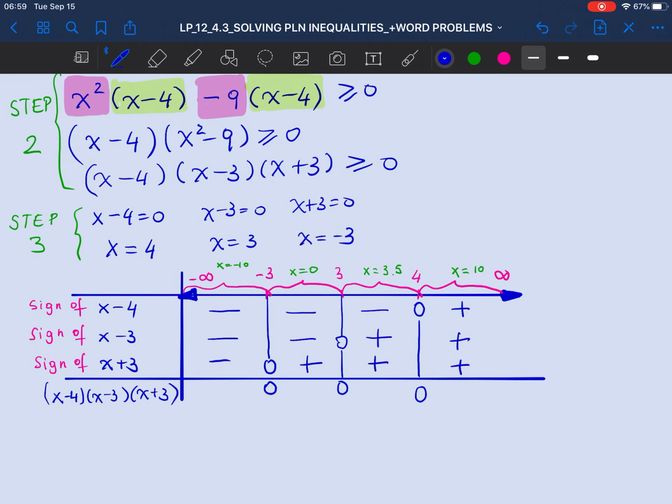Now, a quicker way of assigning the signs to each factor is by looking at their zeros. So if the zero is, for example, at 4, and this is a linear expression with a positive slope, that means that to the left of the zero it will be negative, and to the right positive.